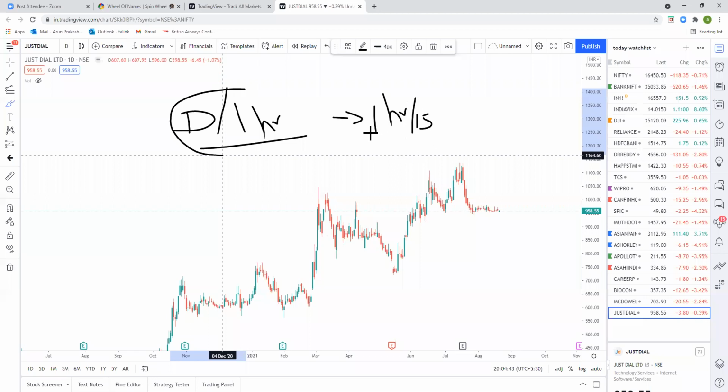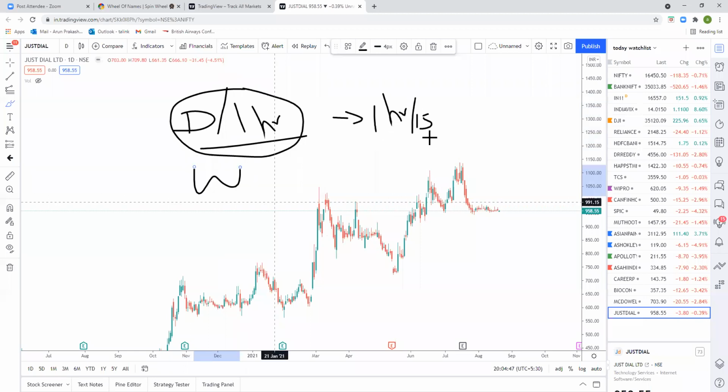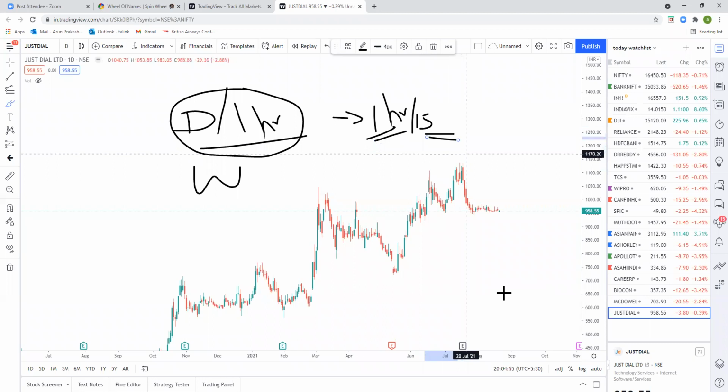Your entry should be based on 1 hour mostly. You can also use 15 minutes sometimes. And if we find any patterns in monthly time frame, then can we take entry on daily time frame? No, at least weekly. Just go to the previous time frame. That's it. Just go to weekly, not daily.